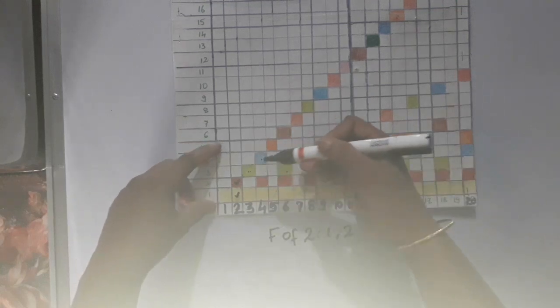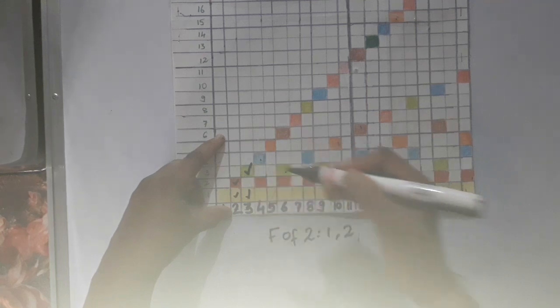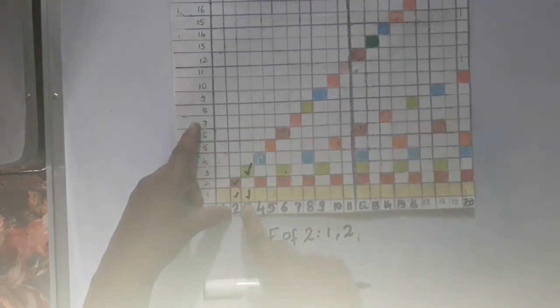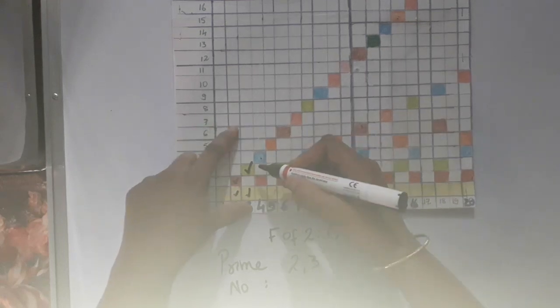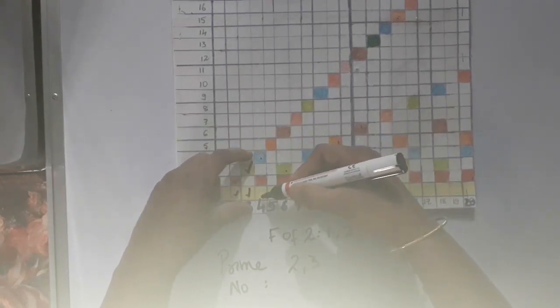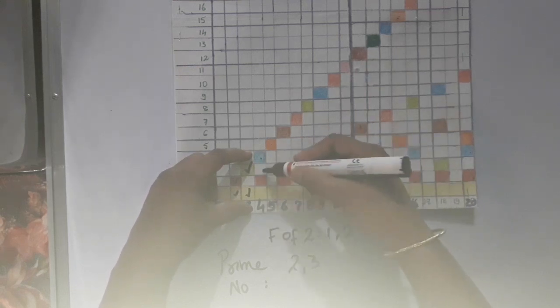Let us find out here. In 3 you can see only 2 squares are colored, so yes, 3 is also a prime number. Now 4, you can observe that 3 squares are colored, so 4 is not a prime number.